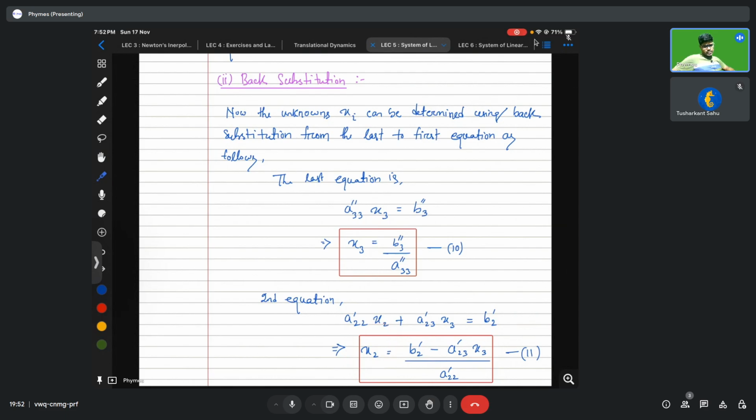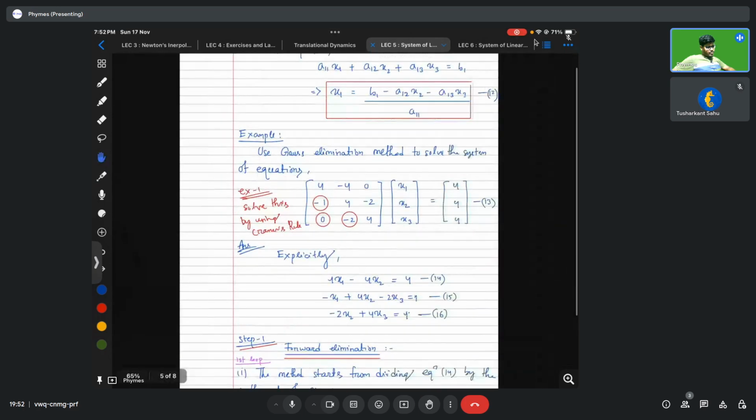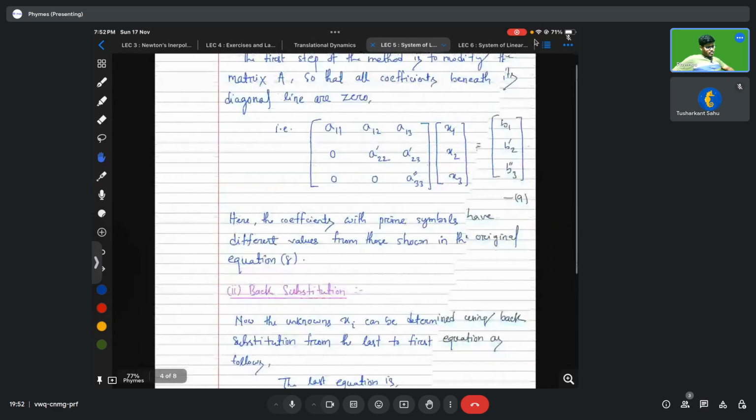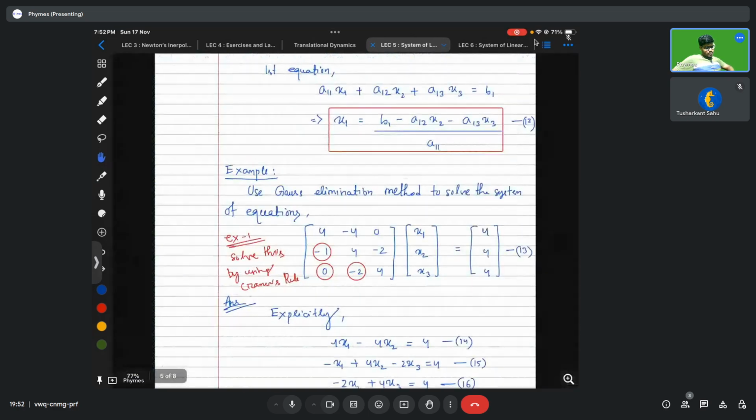Now you know the x3 and x2 values, and after that, what is the first equation? The first equation will be like this. And now you know the value of x2 and x3 and all other values, so that will give the value of x1.